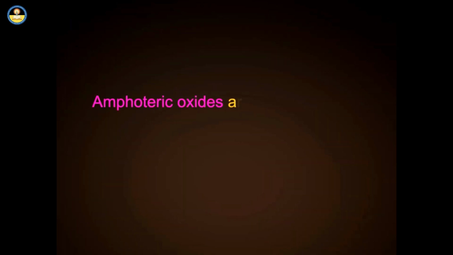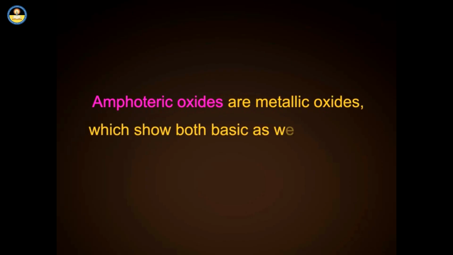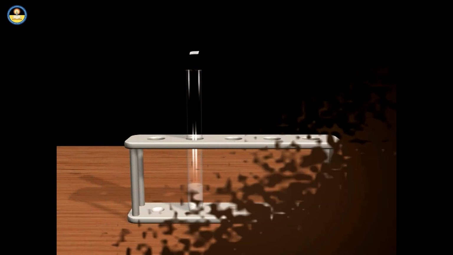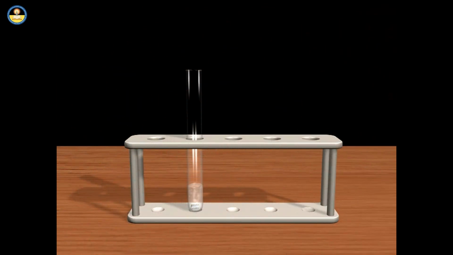Amphoteric oxides are metallic oxides which show both basic as well as acidic properties. When they react with an acid, they produce salt and water showing basic properties.